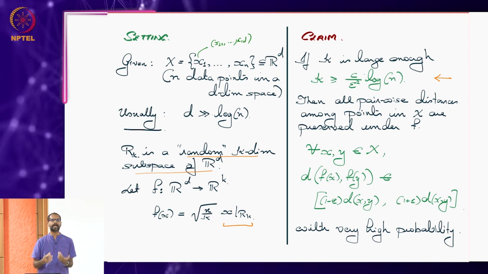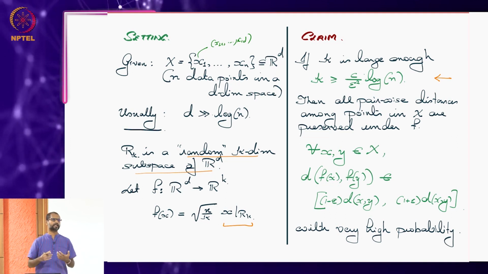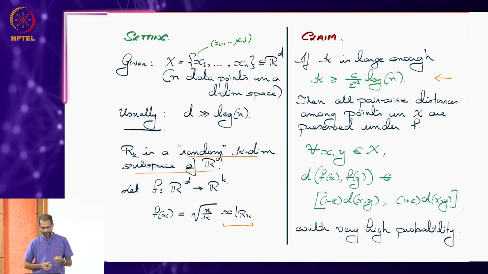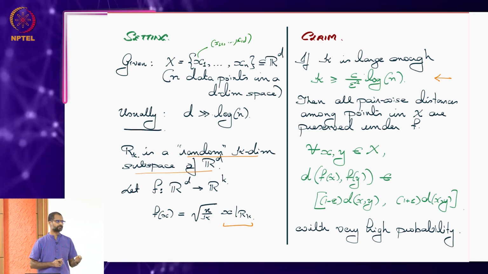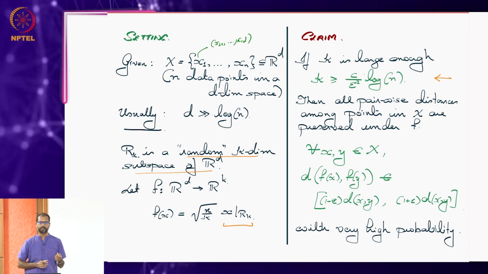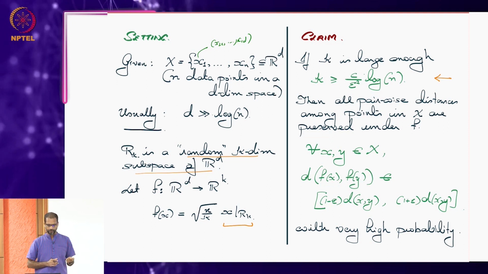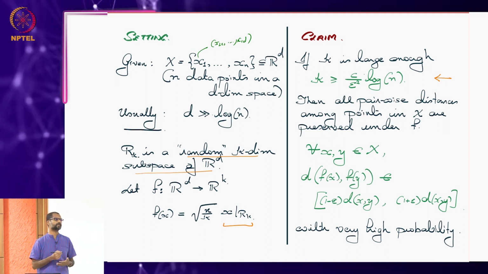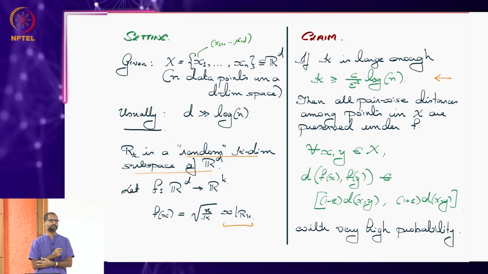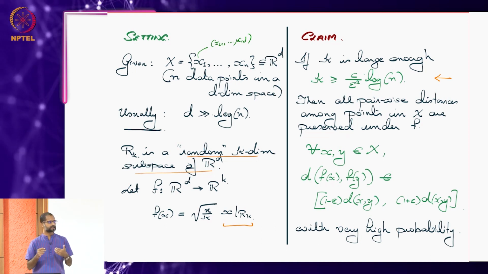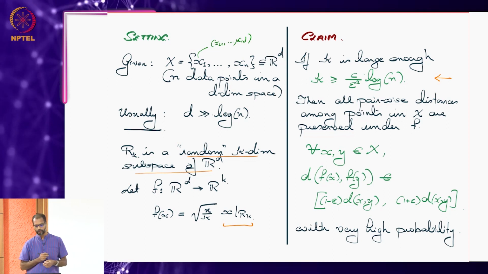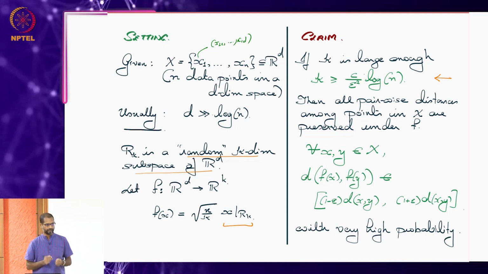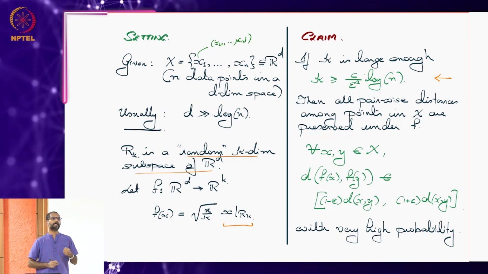And what is the guarantee that Johnson and Lindenstrauss proved? They said that if this k, the dimension of the target subspace onto which you are projecting, is relatively high, and that high is quantified in terms of the number of points and the accuracy you want, accuracy being captured in epsilon. So, if it is roughly more than 1 over epsilon squared log n, then something really good happens.